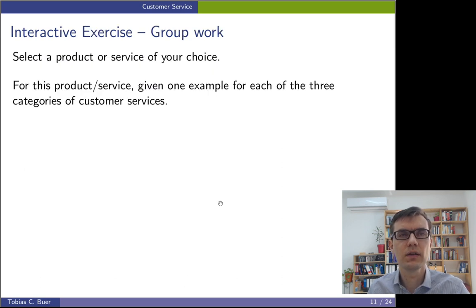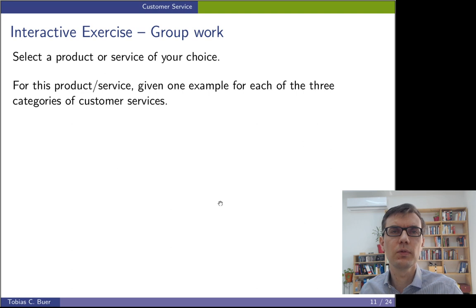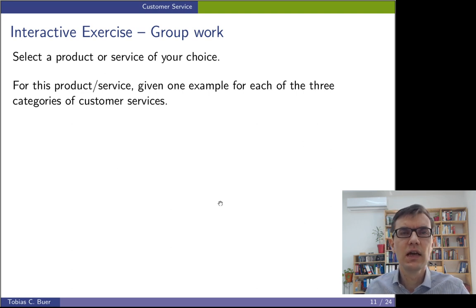I have one exercise. Since we're not doing a live session, I leave the exercise for your own practice. I'm sure you can get a lot of value out of it by organizing it yourself.